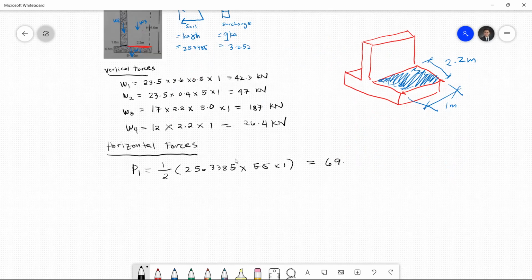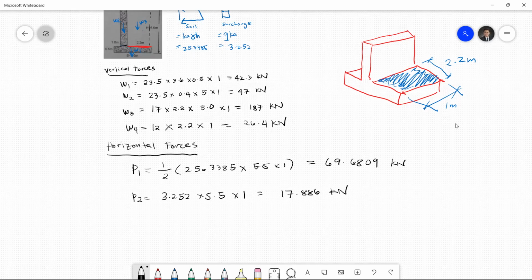You have here 69.6809 kilonewton. Okay, and for P2, you have here 3.252 times 5.5 times 5.5 times, considering 1 meter, you have here 17.886 kilonewton. Okay, so that will be the vertical forces and the horizontal forces.